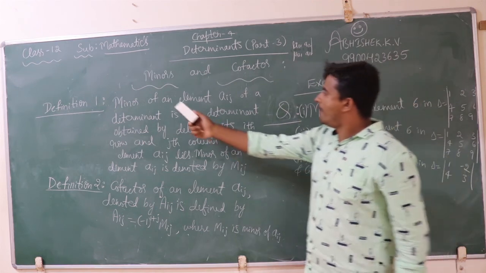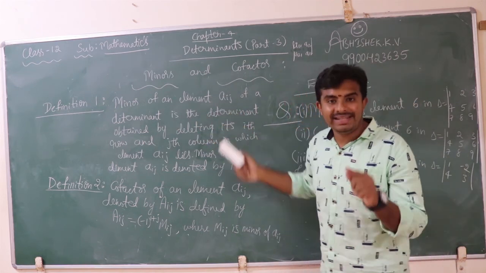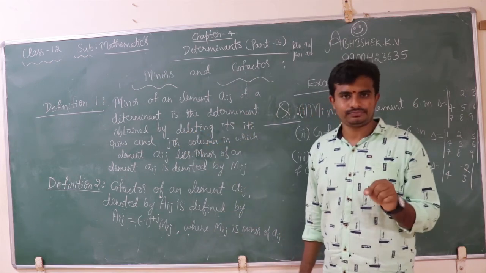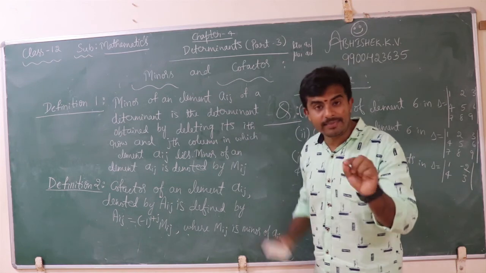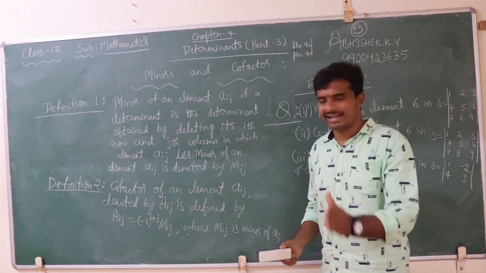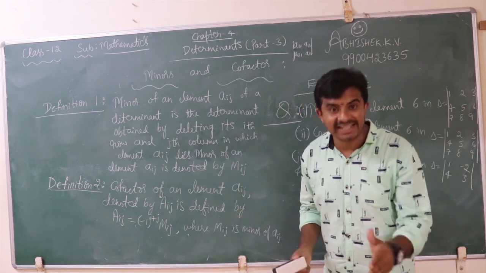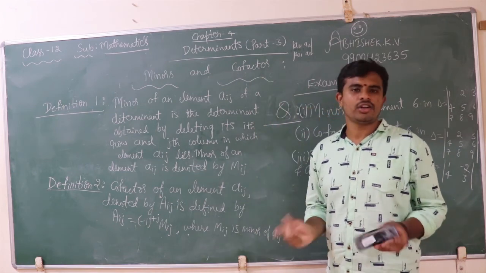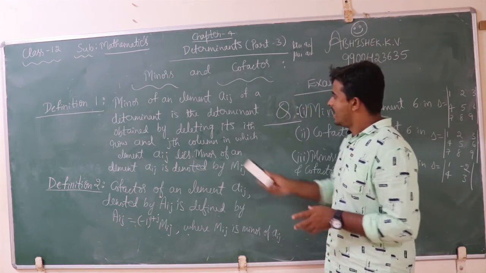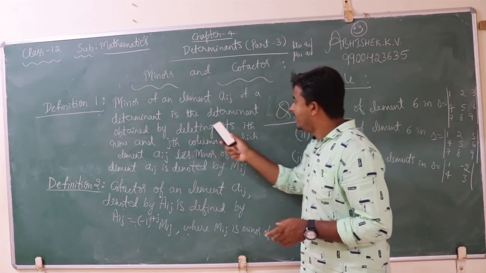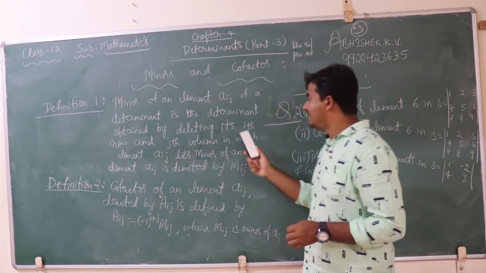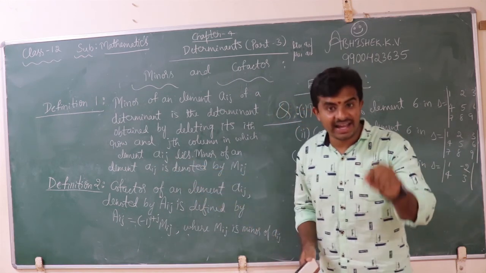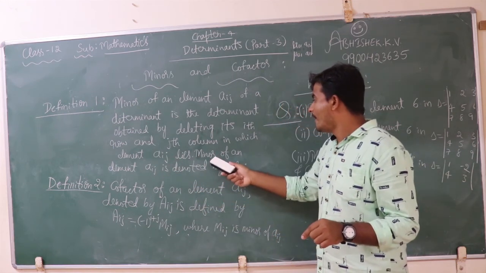Minor of an element Aij of the determinant is the determinant obtained by deleting its ith row and jth column in which the element Aij lies.